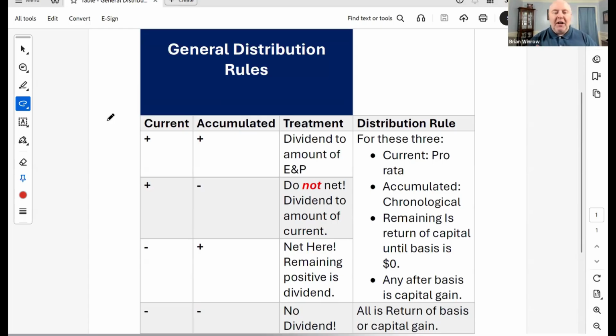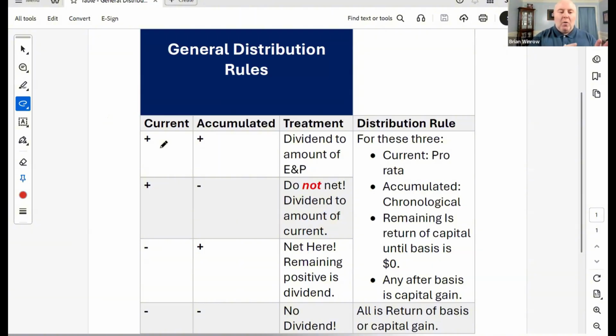So if we had a deficit of 300,000 for accumulated, and in the current year we had a positive 100,000 for current and we decide not to distribute it, we're going to close out our current into accumulated. And instead of having a deficit of 300,000 in accumulated, that will be down to 200,000. And then our current at the beginning of next year will be zero. So we're closing it out as we go through.